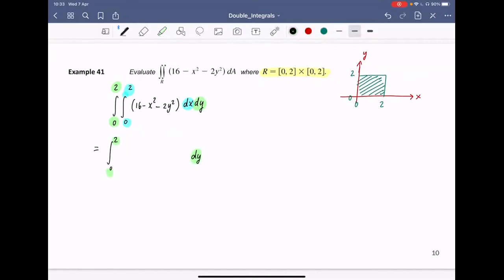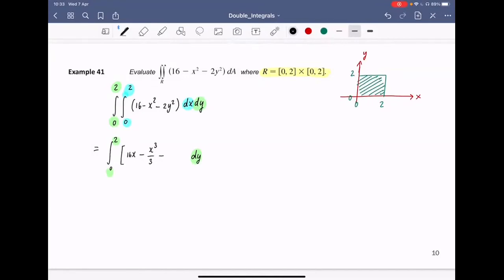Inside here, I'm going to integrate. Let's start from 16. Integrate 16 with respect to x, I get 16x. Integrating x squared, I get x cubed over 3. Remember that? Integrate x to the r, you get x to the r plus 1 over r plus 1. And then integrate 2y squared.